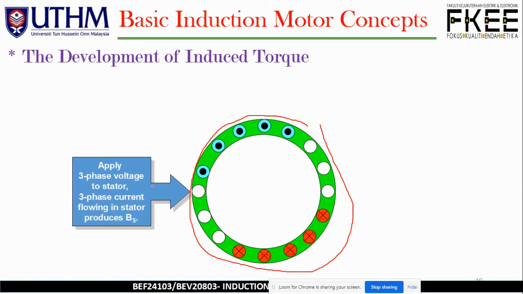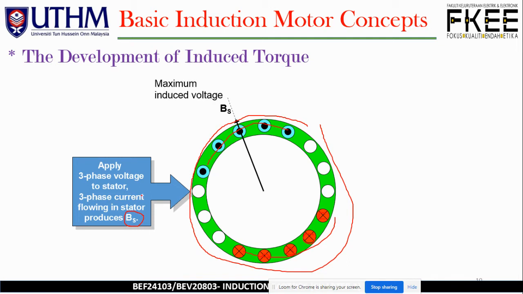In the first step, we apply the three-phase voltage to the stator through this winding or coil. Applying three-phase voltage, the three-phase current flowing in the stator produces BS. This is the illustration of BS. So what is BS? It is the stator magnetic field, which induces voltage in the rotor bars, and it is rotating in the counterclockwise direction, or CCW direction, that causes the rotor to accelerate.